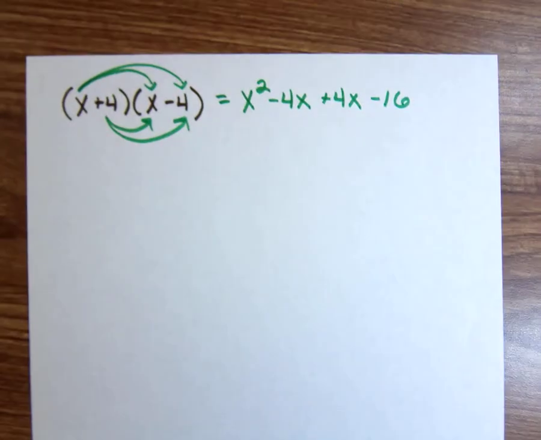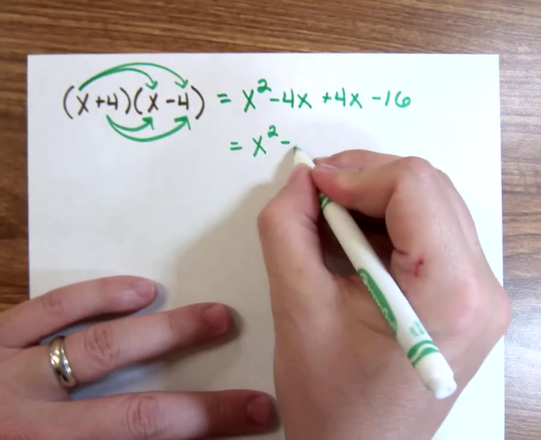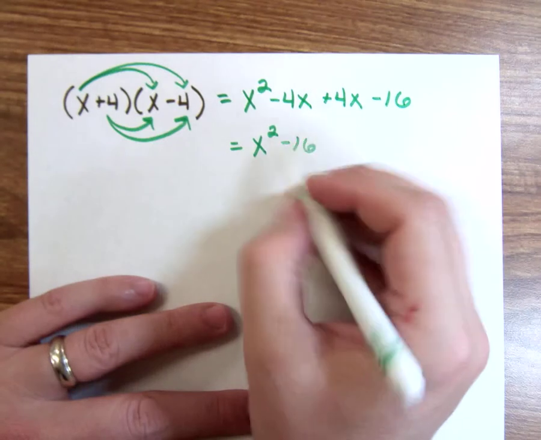Now what makes this an interesting problem is what happens when you combine them. When you combine the like terms, what are you left with? Actually, x squared minus 16. Very good. The minus 4x and the plus 4x are gone. So we're left with x squared minus 16. And there's our answer.